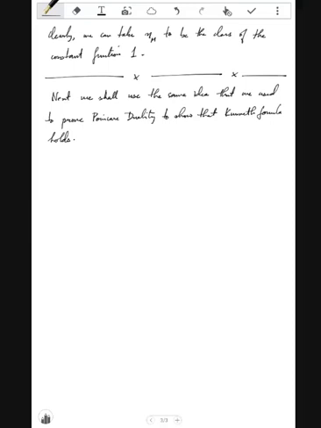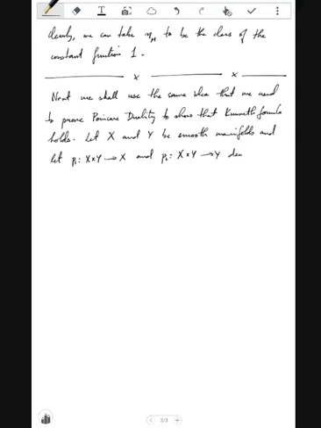So let X and Y be smooth manifolds, and let P1 and P2 denote the projections.